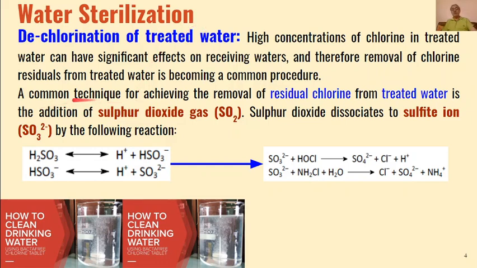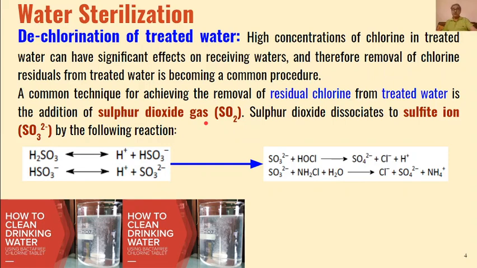The most common technique used for dechlorination of the treated water, dechlorination meaning removal of excess chlorine from water, to remove the residual chlorine from treated water is addition of sulfur dioxide gas.